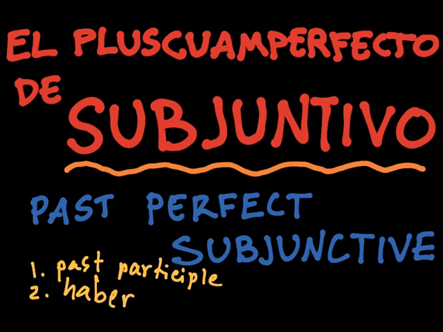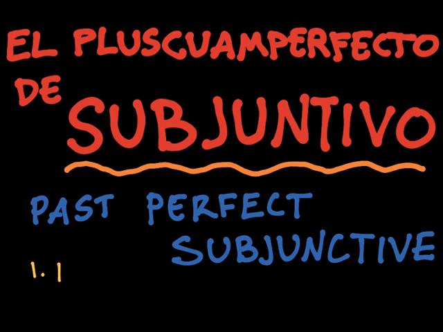Why? Because the verb haber is used every time you see the name of the tense being perfect. Okay? So you're welcome to review the videos on this site or just to review the names of the grammatical concepts that will make this lesson more useful to you. So, el pluscuamperfecto de subjuntivo.